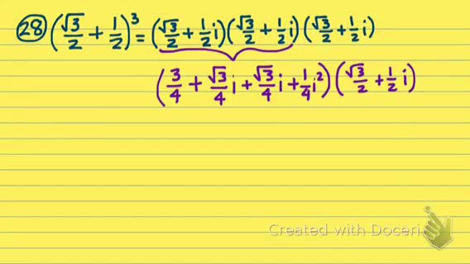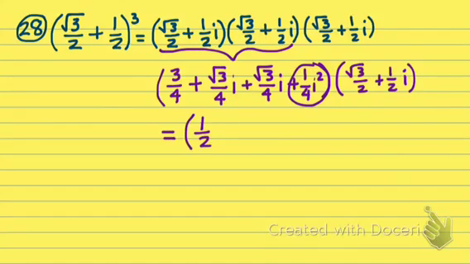Now we'll clean up this first product that we got, and you'll notice we have 3/4, and then at the end we have plus 1/4 i squared. i squared is negative 1, so that's just minus 1/4, so what I really have is 3/4 minus 1/4, which would be 2/4, which reduces to 1/2.